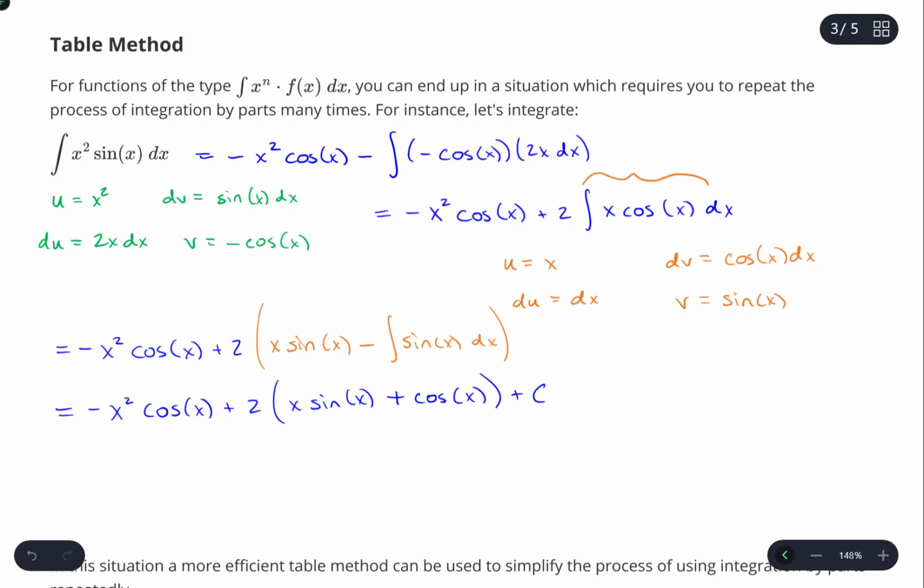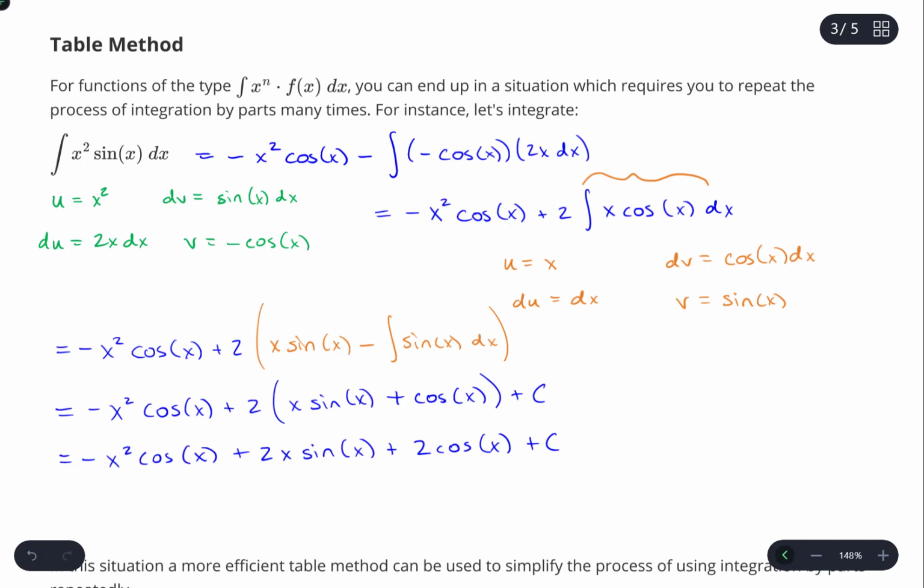And then I would have a plus c. If I want to finish the problem off, it's not really necessary, but I'll go ahead and distribute this 2 in. So this would be 2x sine x plus 2 cosine x plus c.